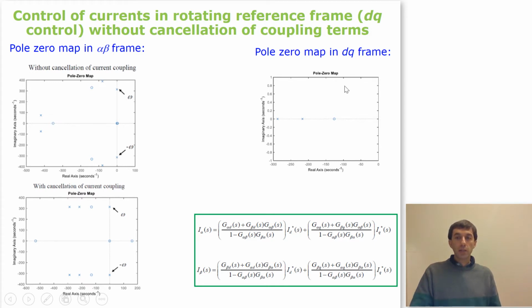So the correspondence with these ones and these ones is okay, but here we have lost it. Why? Because we are not cancelling the coupling terms. So these coupling terms are operating as a perturbation that in closed loop produces this effect.